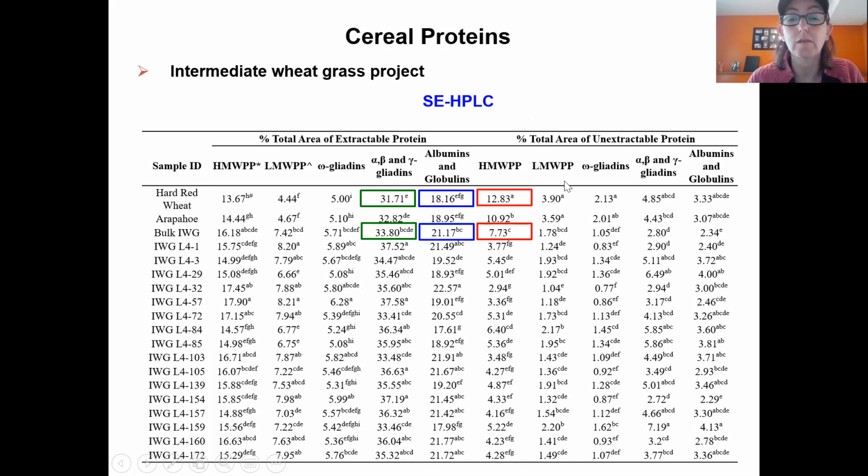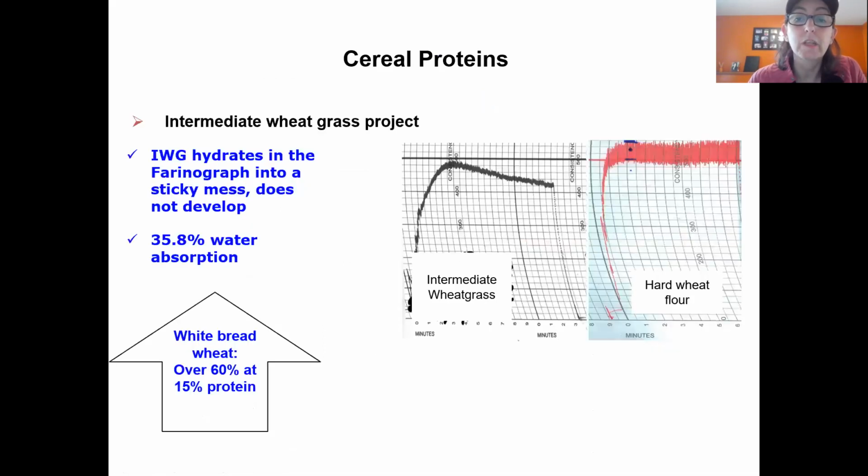Forget about the fact that these are different lines, but we have a higher percentage of high molecular weight polymeric protein, mostly due to glutenins, and we have slightly less gliadins, and slightly less albumins and globulins. So these are the non-functional proteins, or the proteins that do not contribute to viscoelasticity.